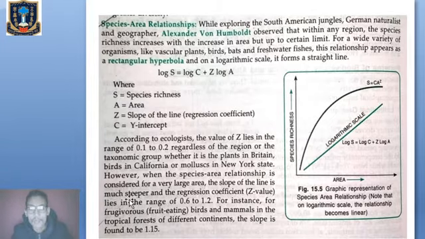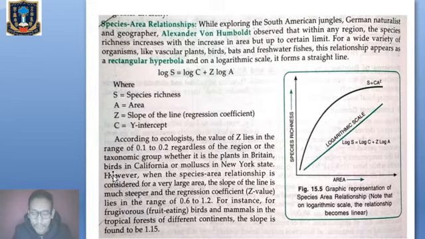And when the species area relationship is considered for a very large area, then the value of this Z lies within the range of 0.6 to 1.2. So when we are considering the species area relationship in a huge area, in a large area, then the value of Z ranges from 0.6 to 1.2.